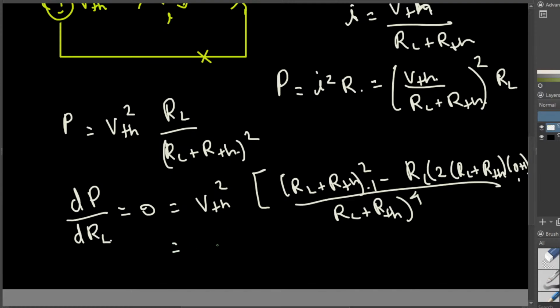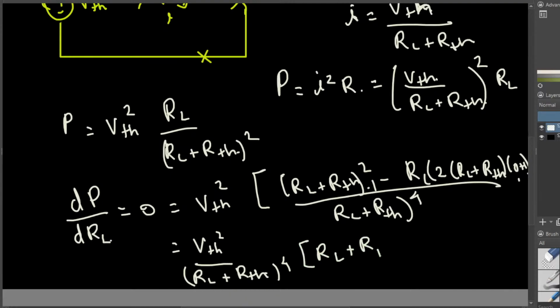If we do that, this becomes V Thevenin squared divided by (RL plus R Thevenin) to the power 4 in the denominator, and that multiplied by (RL plus R Thevenin) times (RL plus R Thevenin), minus 2RL.